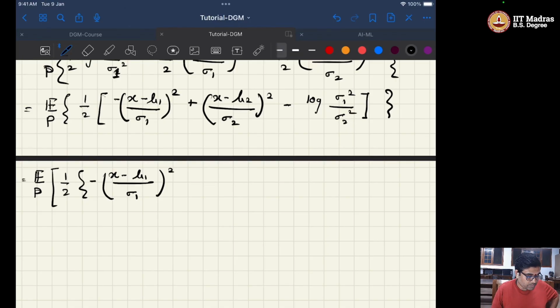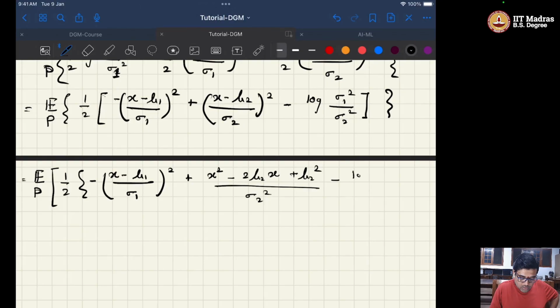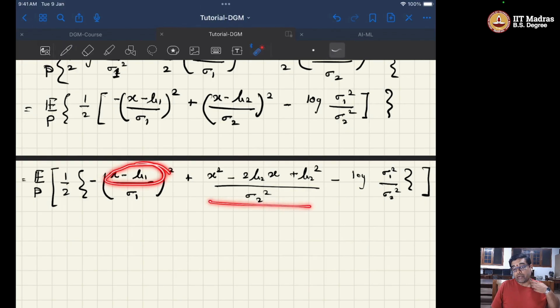There is a minus for this, plus x square minus 2 mu2 x plus mu2 square divided by sigma 2 square, minus log of sigma 1 square divided by sigma 2 square. Now why did I do this? Why did I not expand this term and only expanded this term? It will be pretty much clear in the next step.